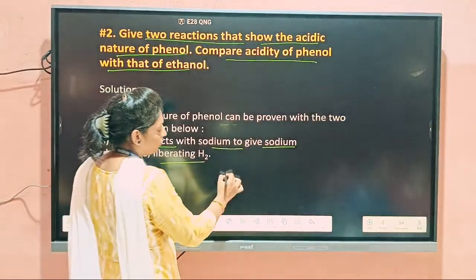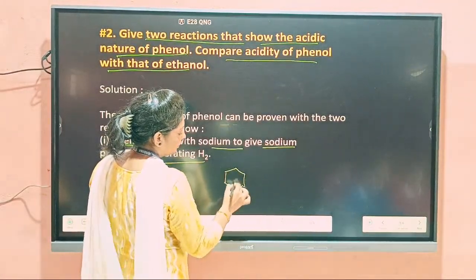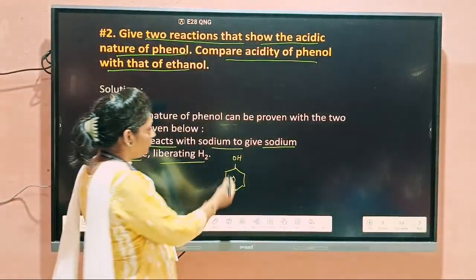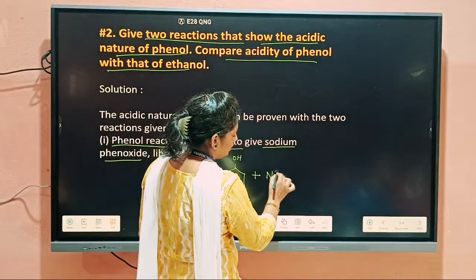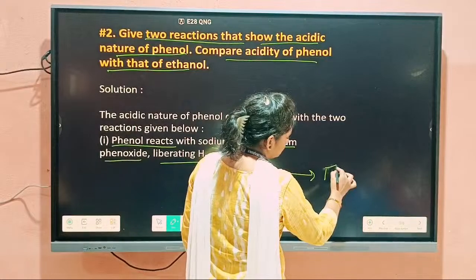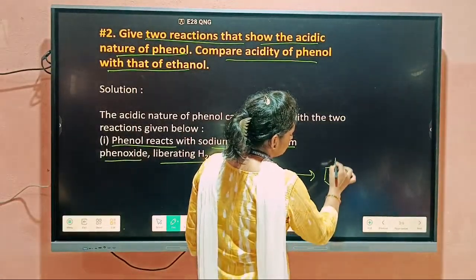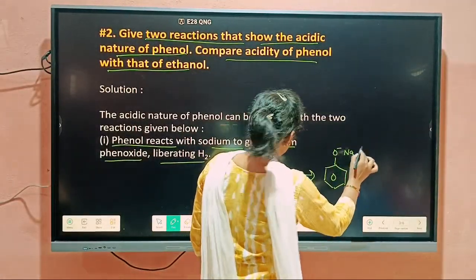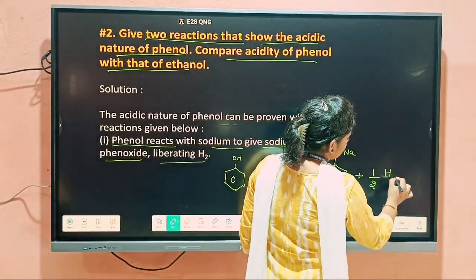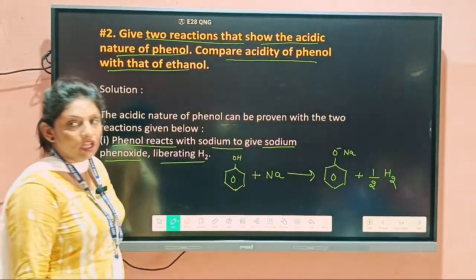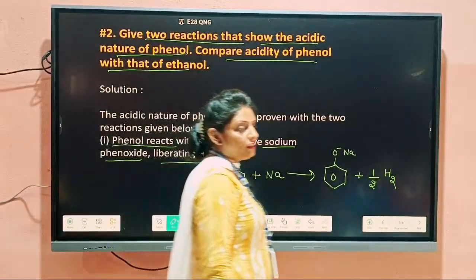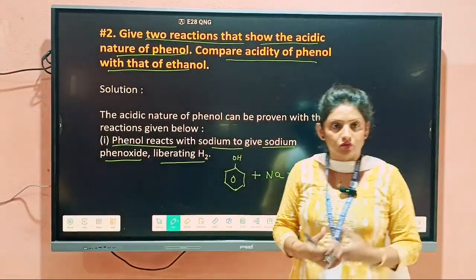So if we have phenol, and we do the reaction of phenol with sodium metal, then they produce sodium phenoxide plus hydrogen gas. Students, you know very well about the property of acids. When an acid reacts with a metal, it produces salt plus hydrogen gas.